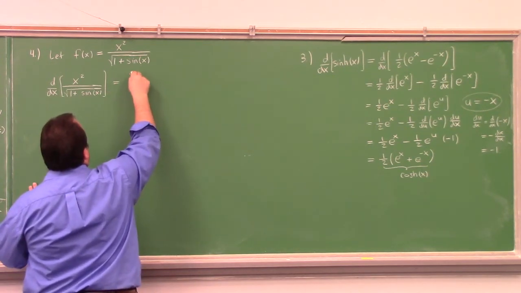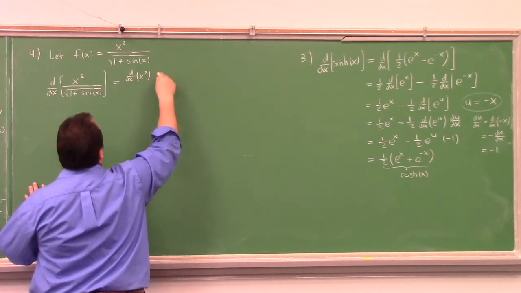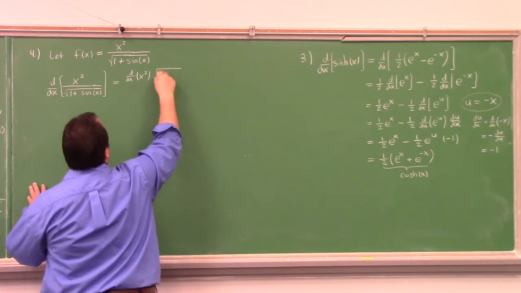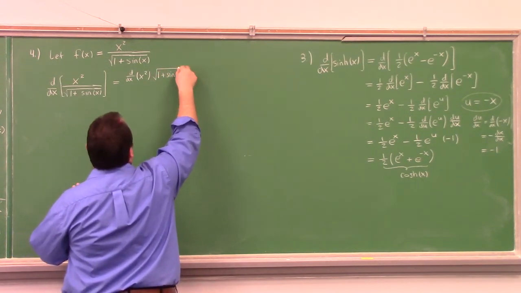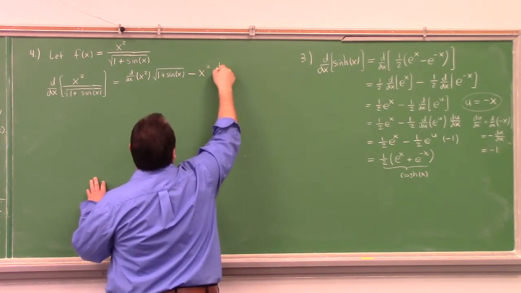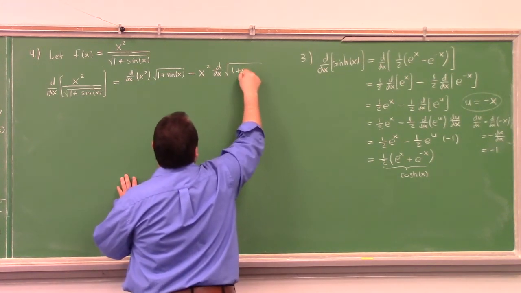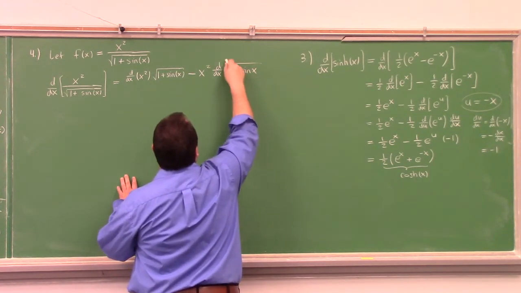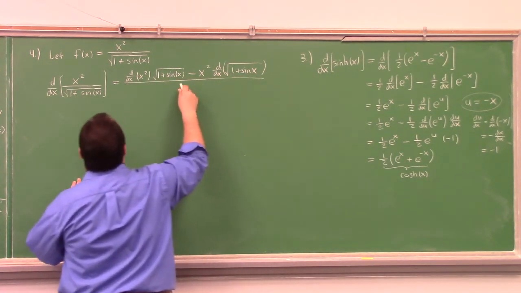So that's the derivative with respect to x of x squared, times the denominator function, which is the square root of 1 plus sine x, and then minus x squared d/dx of the square root of 1 plus sine x, all divided by the denominator function squared.